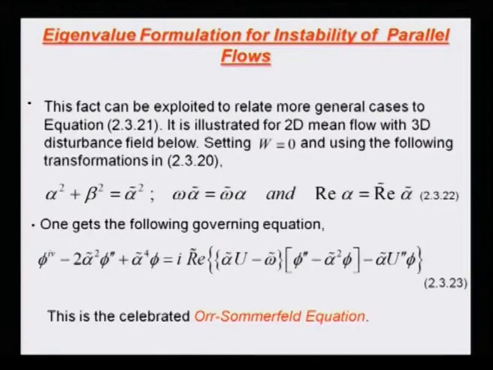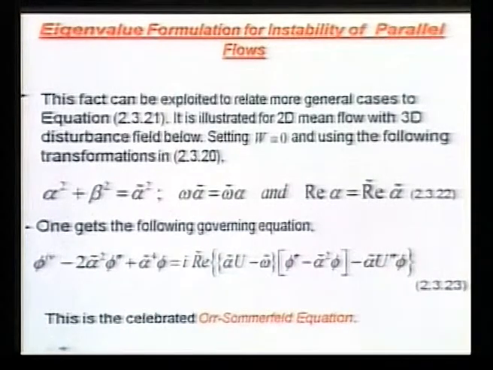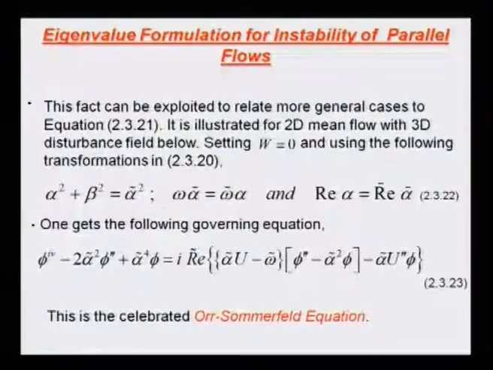That is what was done by Squire. This transformation is called the Squire transformation, and what it does basically is reduce the 3D disturbance equation to an equivalent 2D disturbance form. This is also that Sommerfeld equation that we talked about.